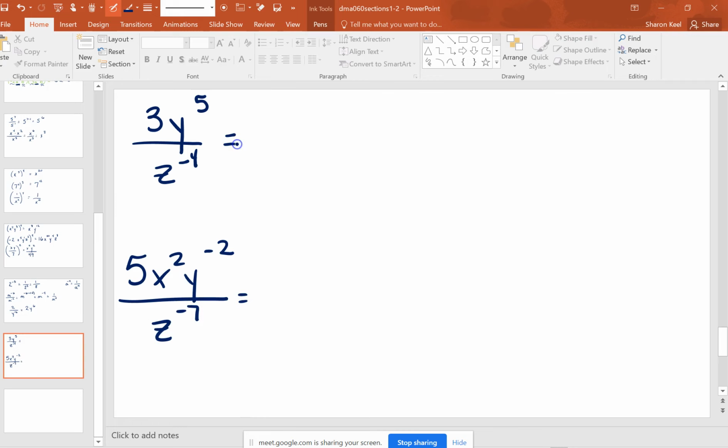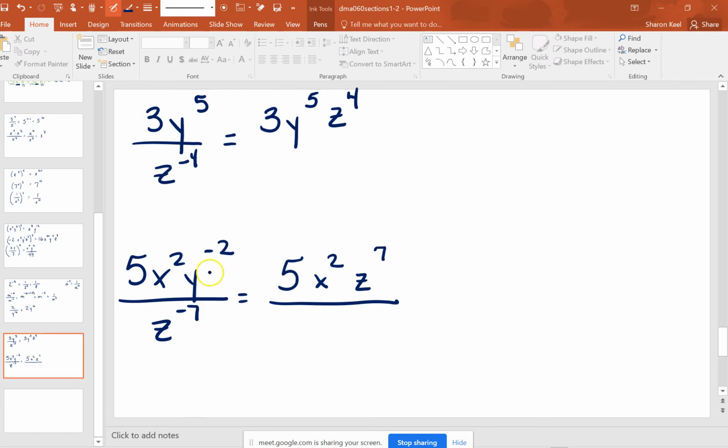Okay, so in this one, the only thing we can adjust is the negative exponent, and this is going to move up to the numerator and become a positive. Now in this one, the 5 and the x squared stay where they are. Is there anything down here that's going to join them? That z is going to become z to the positive 7. This y to the negative 2 is going to move to the denominator and become y to the positive 2.